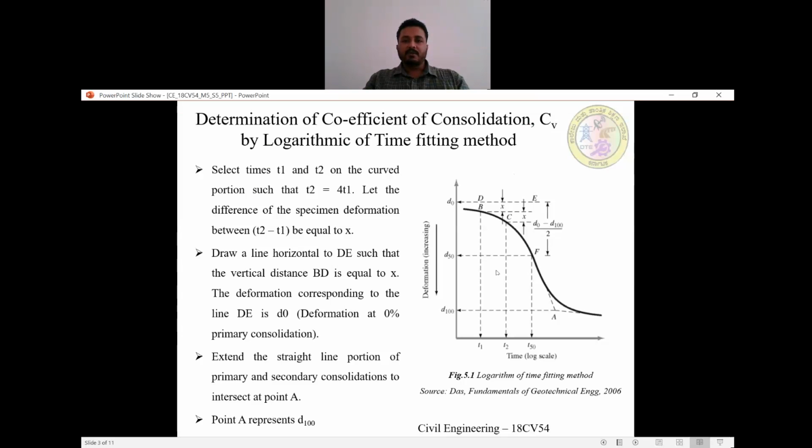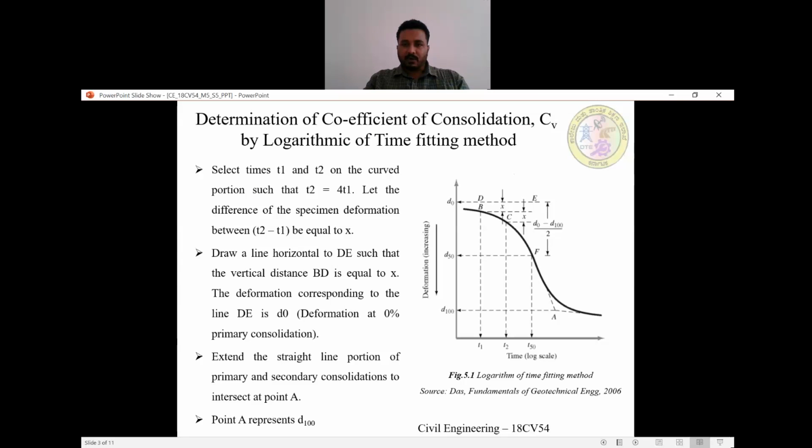Initially, in the first step, what we need to find out here is the corrected dial gauge reading. In order to do that, first we need to select times t1 and t2 along the curved portion such that the time t2 is equal to 4 times t1.